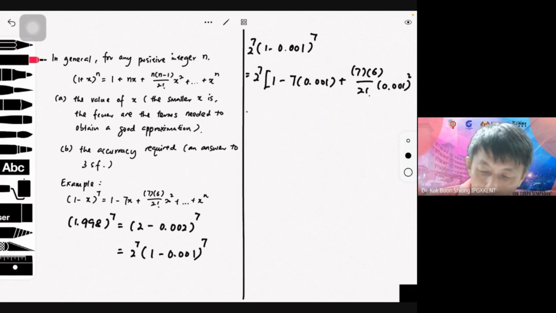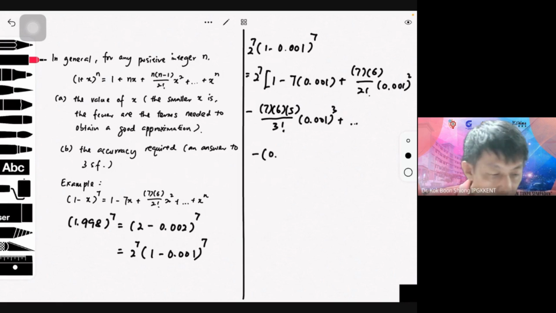So minus 7 times 6 times 5 divided by 3 factorial times 0.001 cubed, and then to the last term, minus 0.001 to the power of 7.